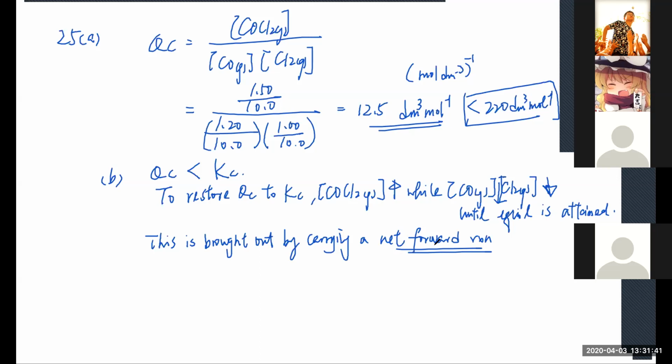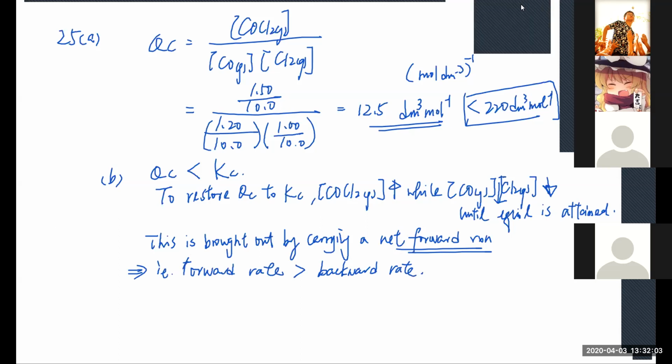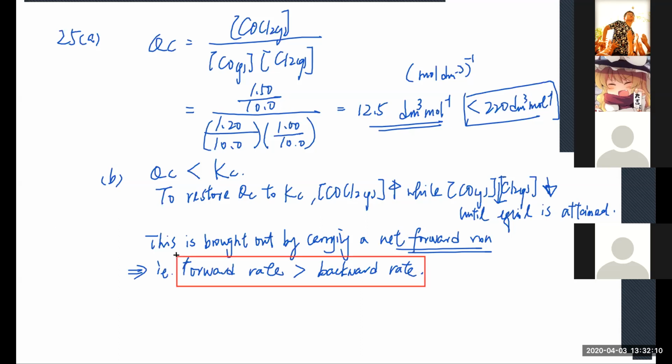Because of this, you are now going to answer the questions. So the forward rate is greater than the backward rate. This is the final sentence you need to write in order to answer the questions: the forward reaction is greater than the backward reaction.